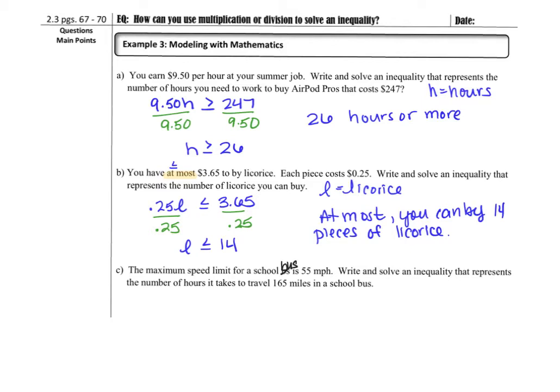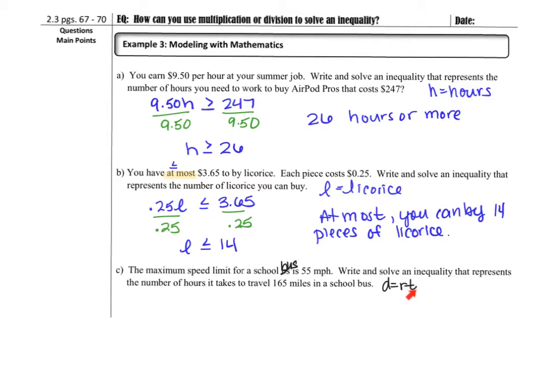So it's looking for maximum speed. What kind of inequality would you use for this problem? So maximum speed is going to mean less than or equal to, because I can't go over 55, but I can go 55. So we're going to use something that we've used in Unit 1, which is distance equals rate times time. So we have our rate at 55 miles per hour and our distance is 165 miles, and we're trying to figure out the number of hours.